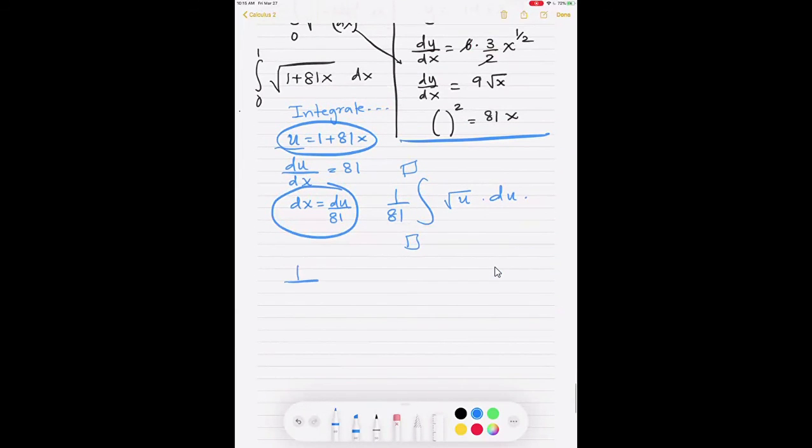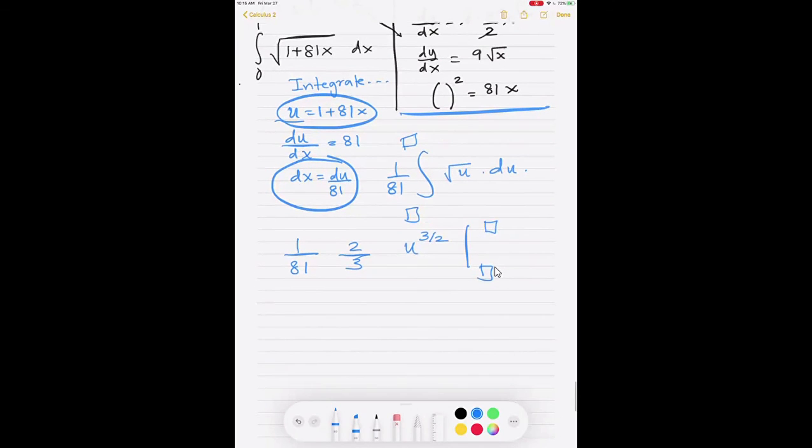So this is 1 over 81, times 2/3, u to the 3/2, from empty box to empty box. So this is 2 over 343 times (1 plus 81x) to the 3/2, from 0 to 1.